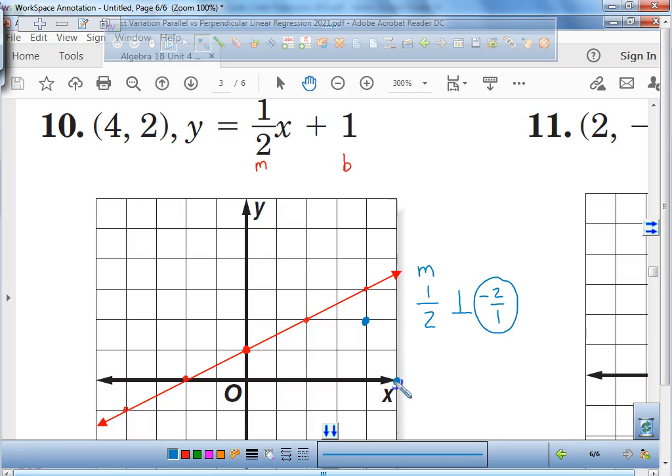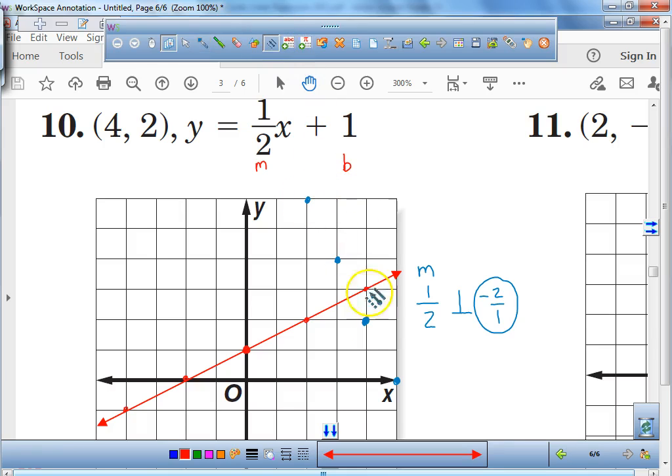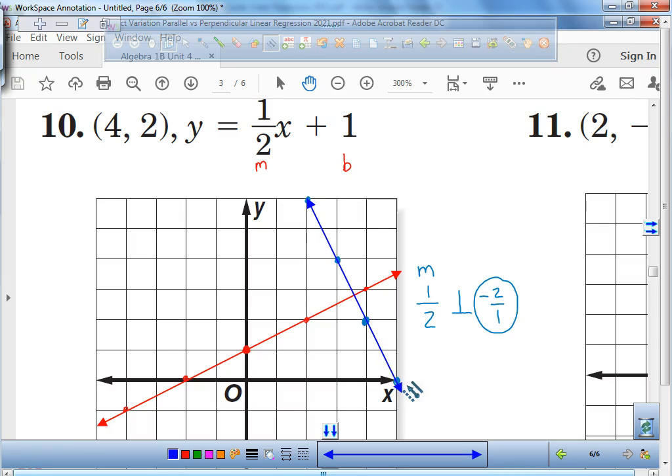Well, I ran out of room. If I can go down 2 and over 1, I can go up 2 but over 1 to the left. Here is your new line. Can you see how it makes a 90-degree angle?